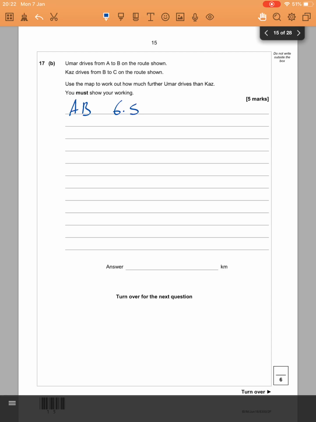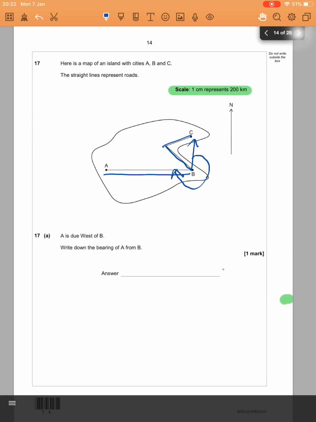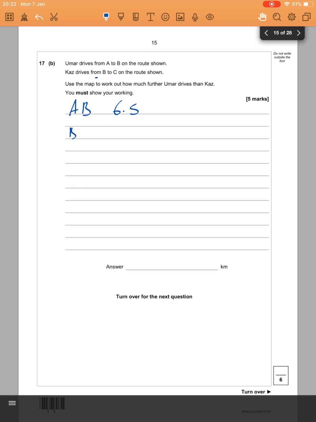And then you've got to find the distance that Kaz drives from B to C. So if we go back, you've got to measure length B and length C and add them up. And you should come to something between 4.5 and 4.9. So BC is 4.5 to 4.9, so we'll use 4.7. But if you get between those numbers, then you will get the marks to begin with for measuring those lines.